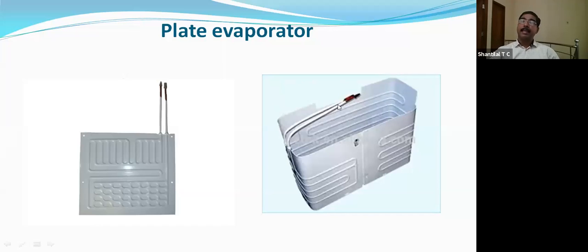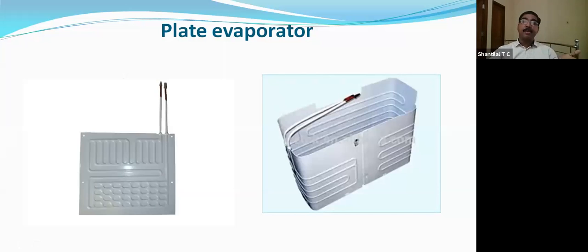Then it has an inlet and outlet. Suppose this is the inlet and this is the outlet. Inside, between these plates, channels or grooves are provided. Through those channels or grooves the refrigerant passes, and finally comes out this way. This is a plate evaporator.